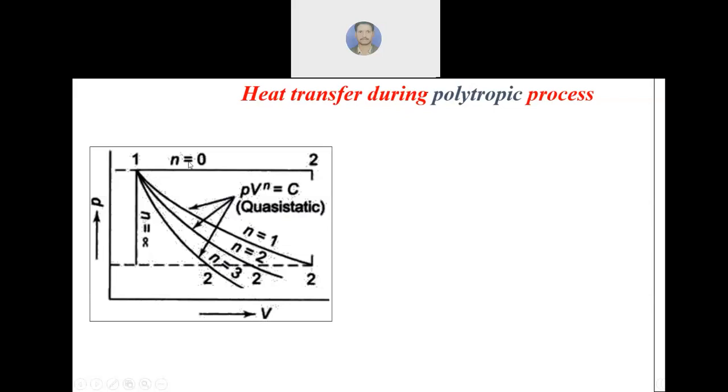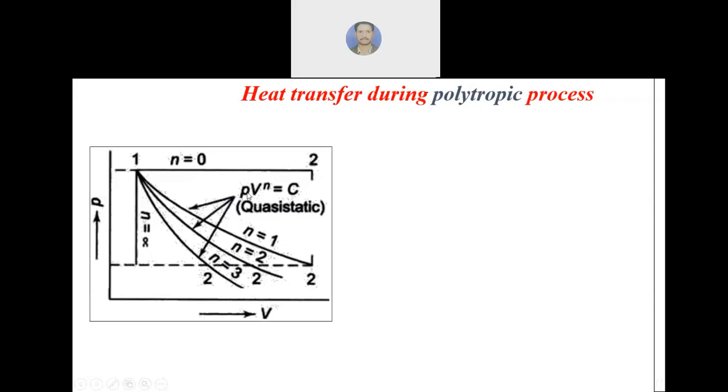Okay, so like this, if you put different values of n, you can find which process it represents. When n equals 0, this is a constant pressure process. When n is infinite, meaning very big, this quantity will become very big in comparison to this pressure.